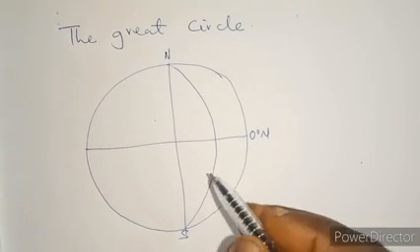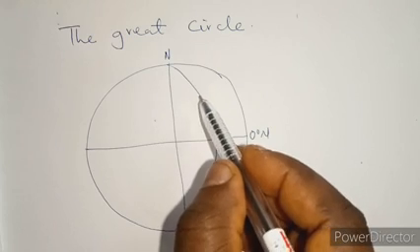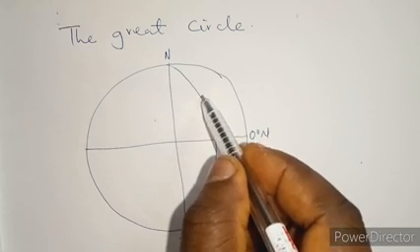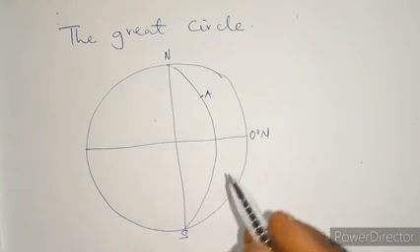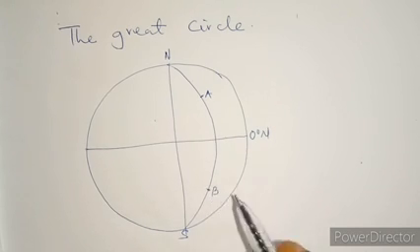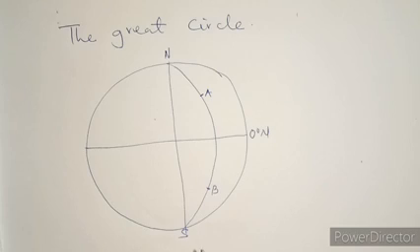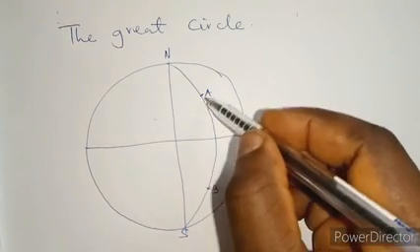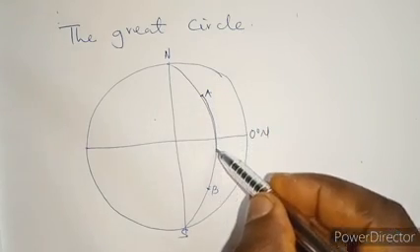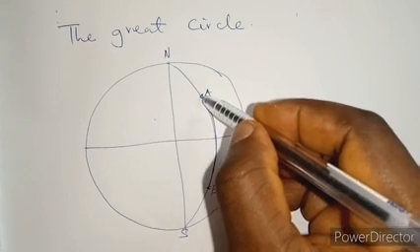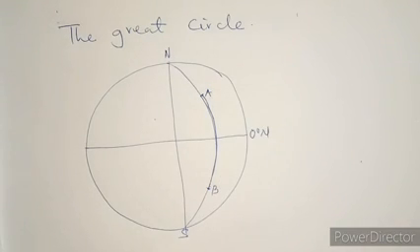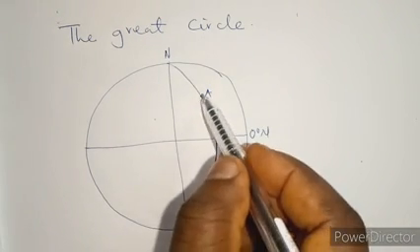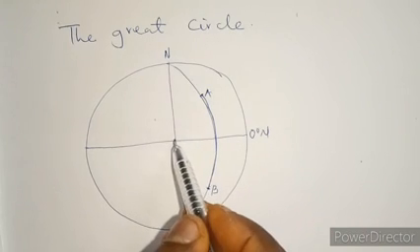So if I have 2 points on the same great circle, say I have point A here and another point here, maybe point B, and I want to find the distance between A and B. That's this distance. Because they are on the great circle, I will trace the points to the center of the great circle.